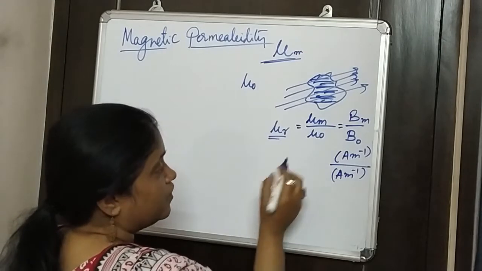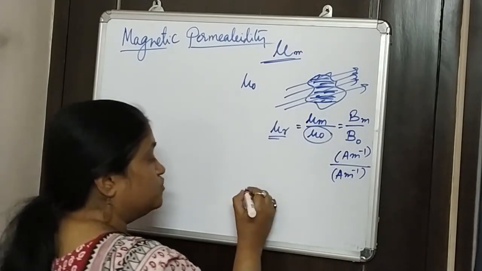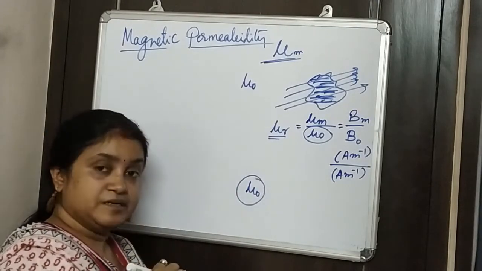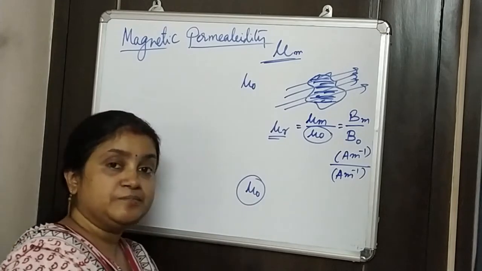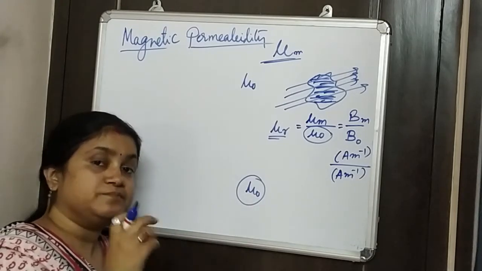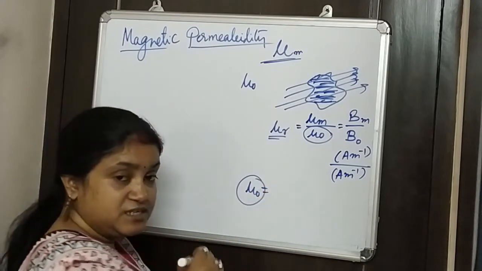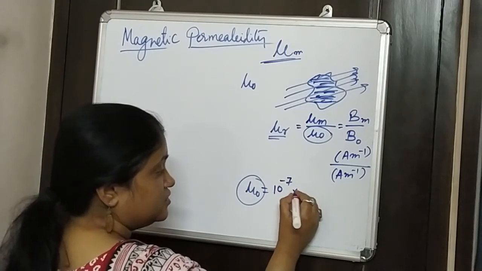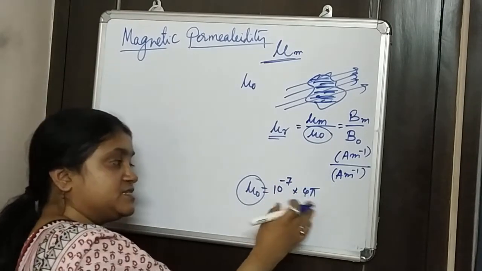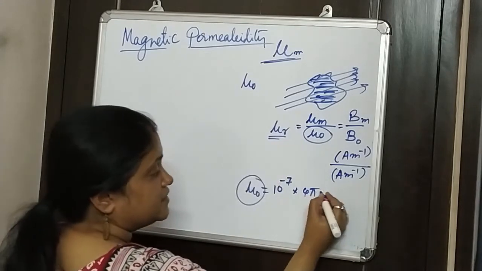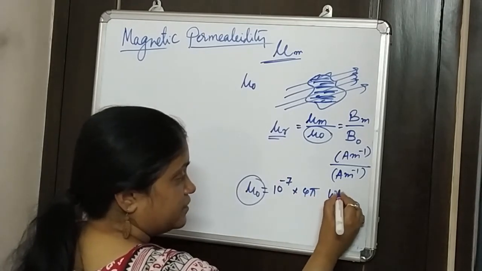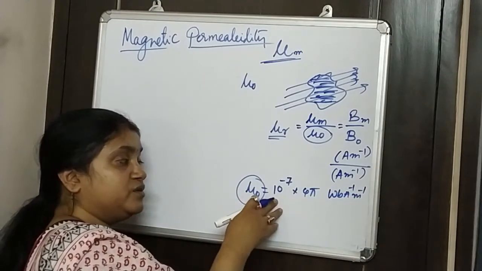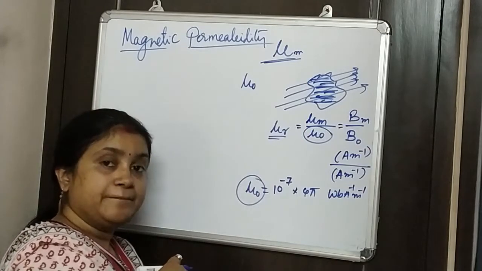Now mu naught is called the absolute permeability, or magnetic permeability of the vacuum or absolute space, and it is a constant: 4 pi into 10 power minus 7 Weber per ampere per meter.